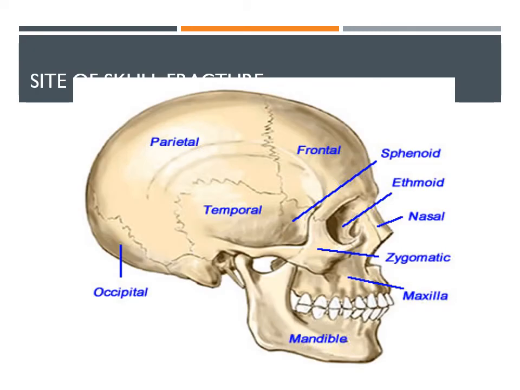Signs of skull fracture may occur in these parts of skull: may be frontal bone, parietal bone, temporal or occipital, or facial bone, which is sphenoid, ethmoid, nasal, zygomatic, maxilla, or mandible.